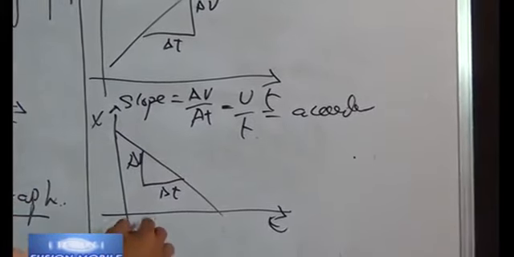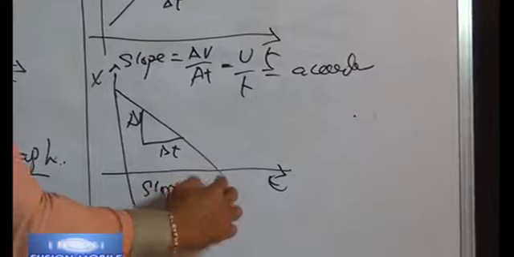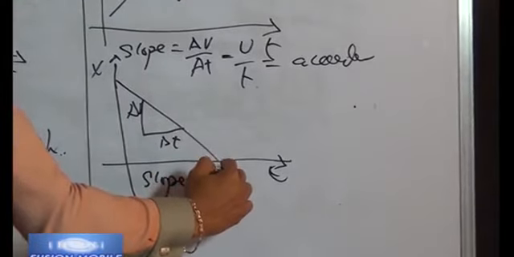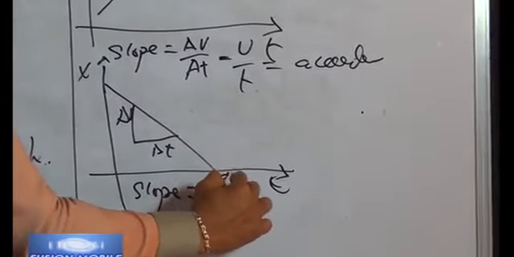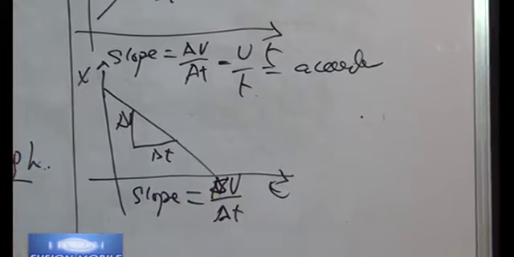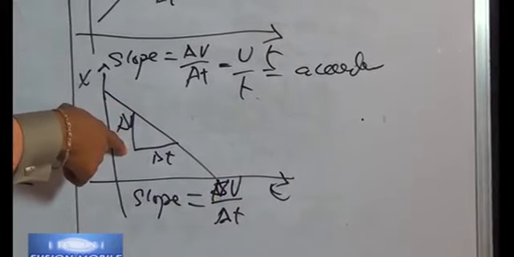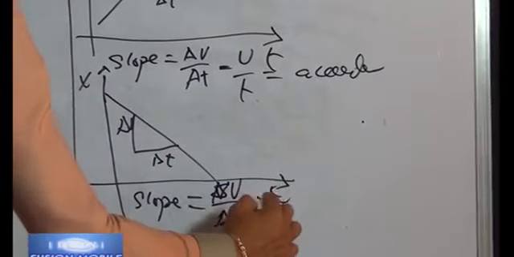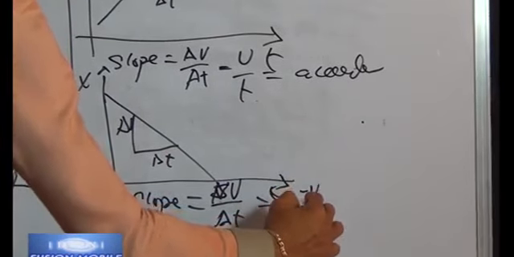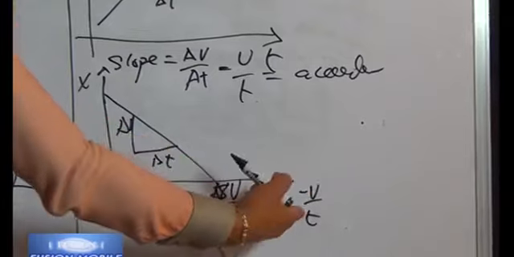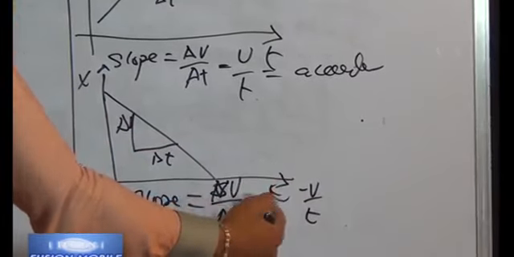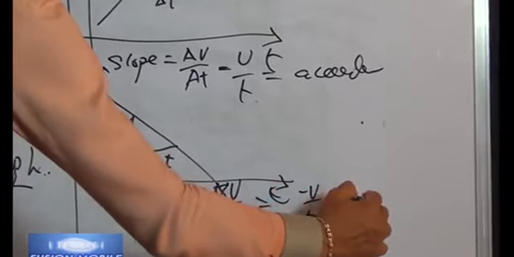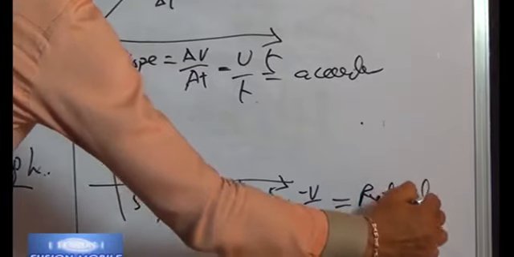It will give us a negative slope, delta v over delta t. And since from here the initial velocity is greater than the final velocity, we have minus v over t, which is negative change in velocity over time, which in all will give us retardation.